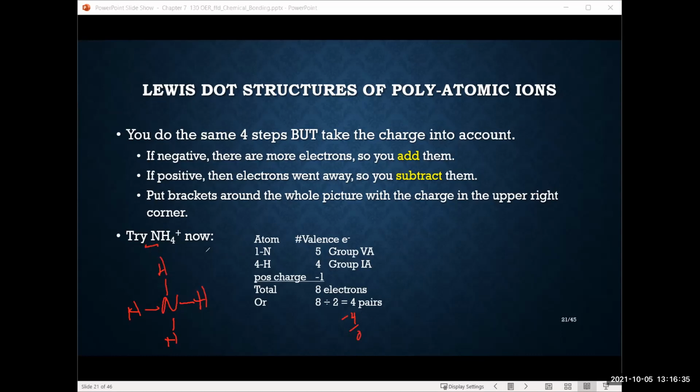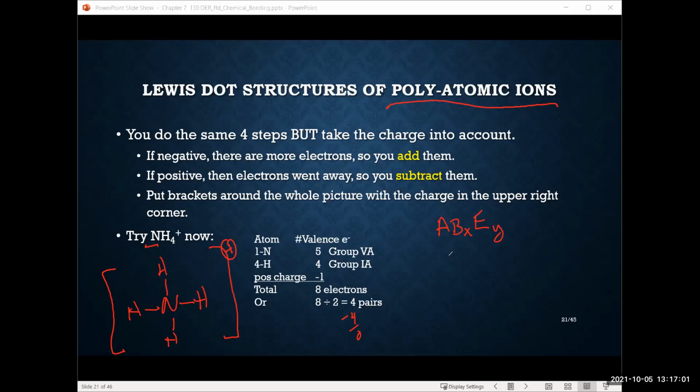Now, after that, because it is a polyatomic ion, once we're done, we can put a bracket like this, and then we put the charge in the top right corner, okay? With respect to the general formula of A, B, X, and E, Y, we can do the same thing like we've been doing before.